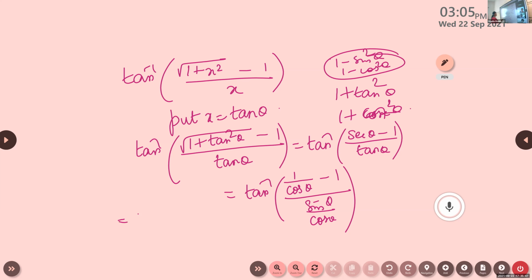So this is the same as tan inverse of 1 minus cos theta by cos theta, divided by sin theta by cos theta. The cos theta gets cancelled.